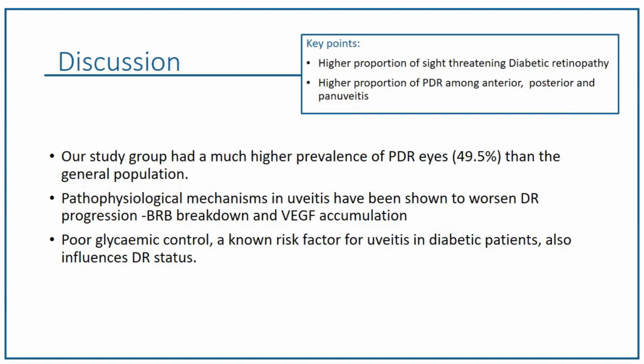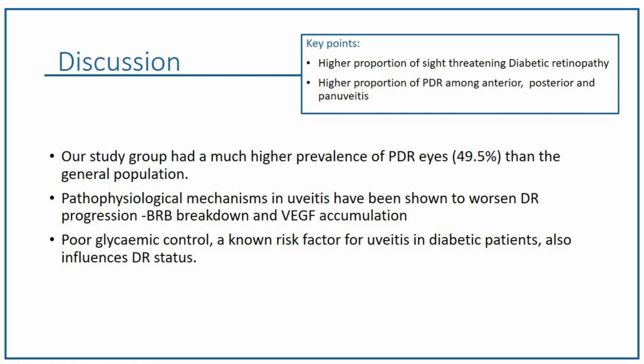Coming to our next point in discussion, we noted a higher proportion of sight-threatening diabetic retinopathy in uveitis in our cohort, and a higher proportion of PDR among posterior, anterior, and panuveitis cases, although none of these reached statistical significance. 49% of our patients had proliferative diabetic retinopathy.